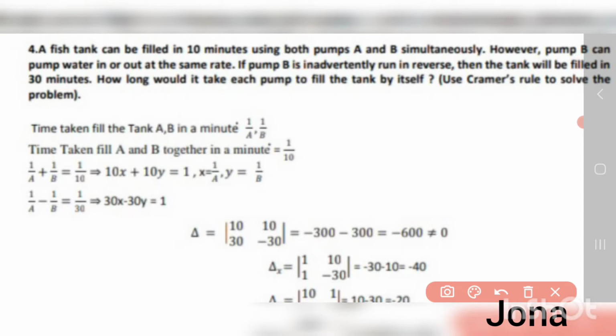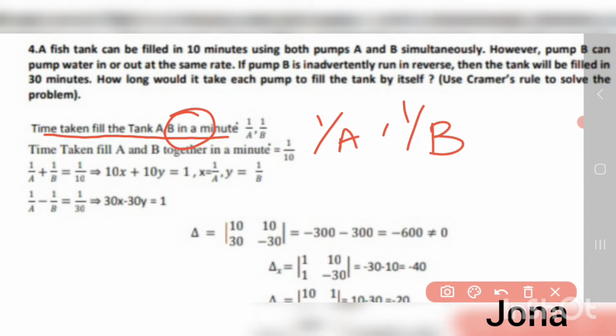Here the first statement is given: a fish tank can be filled in 10 minutes, both pumps A and B simultaneously. Here we can take this A and B tanks. The time taken to fill the tank by A and B in a minute is nothing but 1 by A and 1 by B. Here it's given that 10 minutes will be taken to complete that.